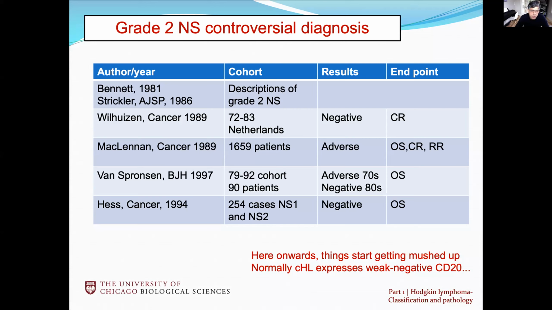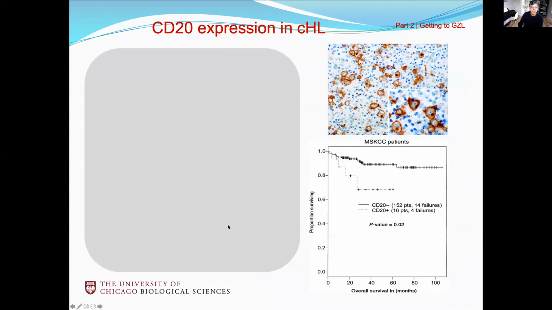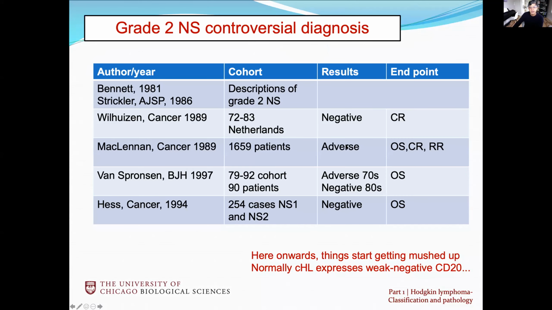I don't need to go through all of these studies, but after the original studies describing nodular sclerosis by Strickler and Bennett, there's a whole bunch of people who looked at 7 cohorts of Hodgkin lymphoma patients, and one study said it mattered for outcome, one study said it doesn't matter, and one cohort said in the 70s patients it was adverse, whereas in the cohort from the 1980s, nodular sclerosis grade 2 does not matter. So a lot of confusion came about nodular sclerosis.